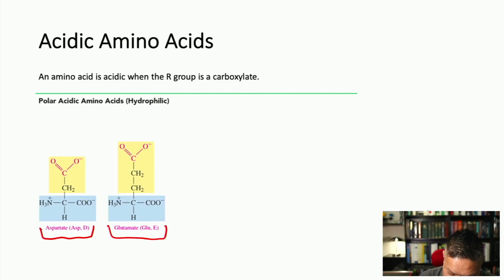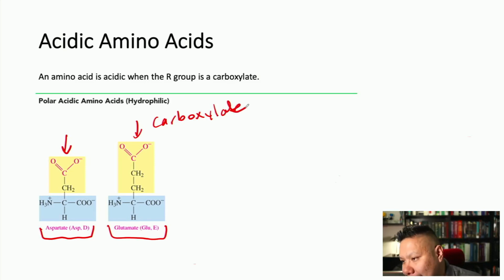Aspartate and glutamate are exactly the same thing, except instead of having an amide, they have carboxylic acids there. Specifically, it's a carboxylate. It's not a carboxylic acid, but it's a carboxylate ion. Those are the acidic amino acids.